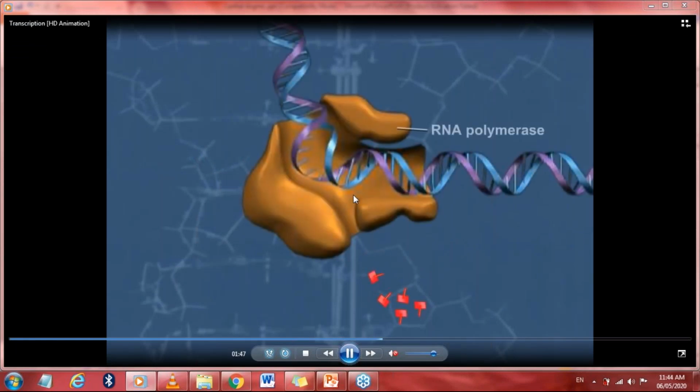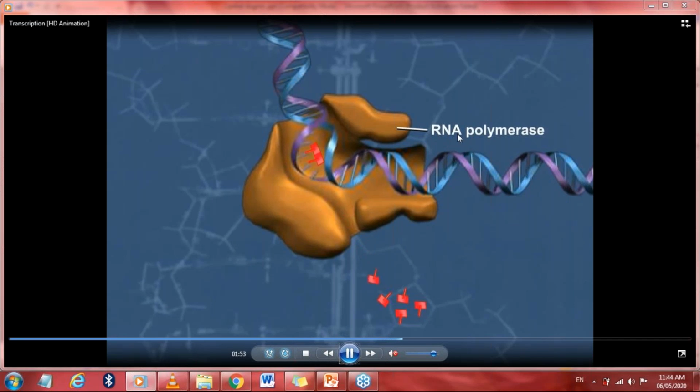Now just see, this is our RNA polymerase enzyme, and this is our DNA molecule. Now what will happen?